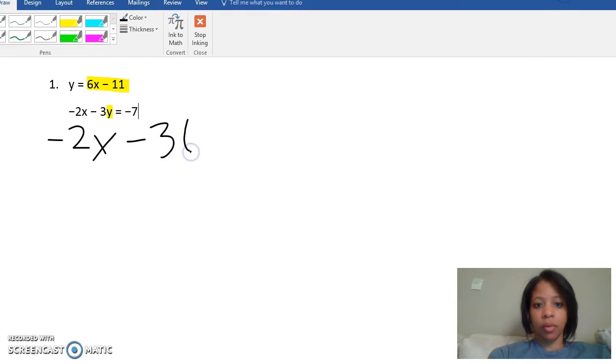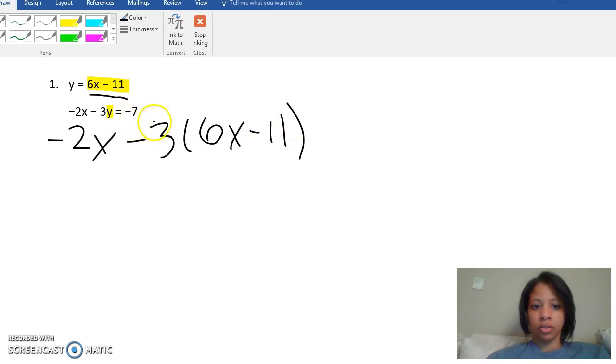But now instead of writing y, I'm going to substitute this in. And whatever you substitute in, you guys want to put in parentheses. So 6x minus 11, close your parentheses, and then finish writing everything else. So equals negative 7. Okay?